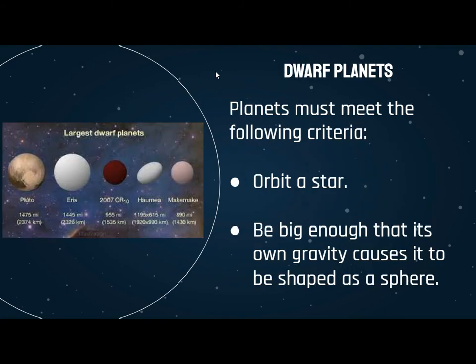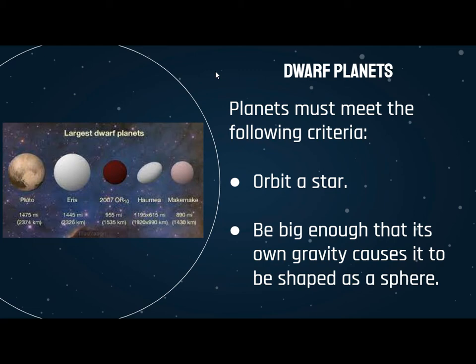Dwarf planets. In order to be a planet, just a regular planet, not a dwarf planet, you have to meet the following criteria. You have to orbit a star. Okay. You have to be big enough that your own gravity makes you into a sphere. Okay. Makes sense. Right? We got that. Orbit the sun, must be a circle.